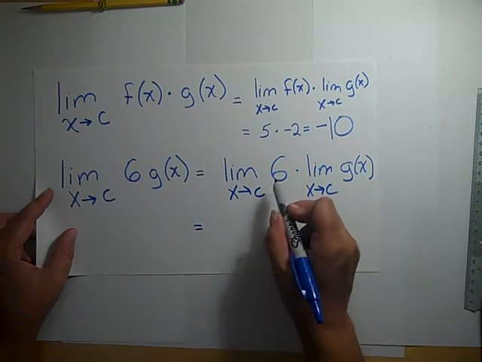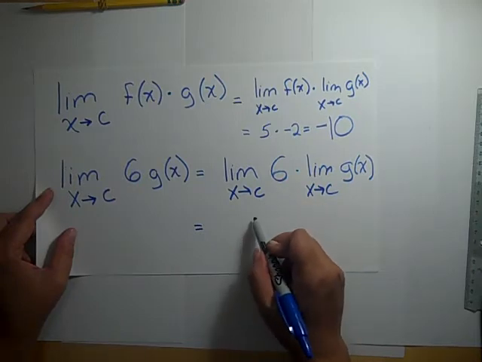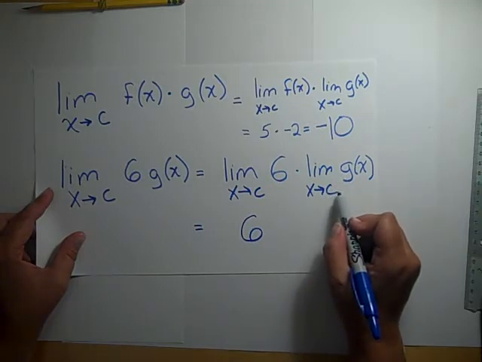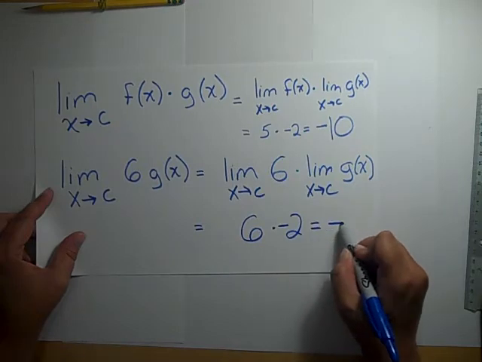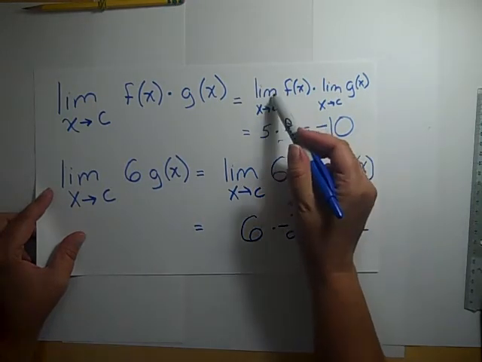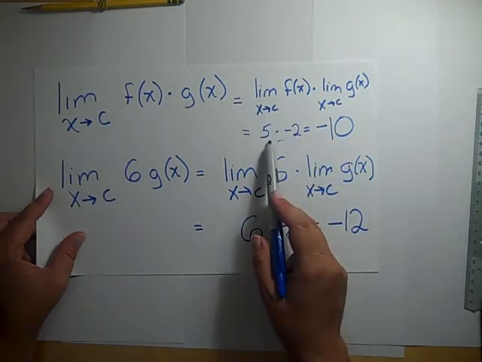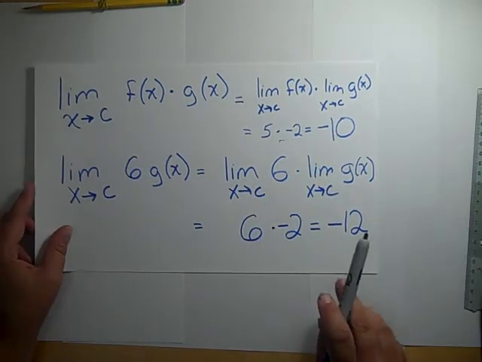And that gets us, the limit as x approaches c of 6 is 6, because the limit of a constant is always that constant. And this limit they gave us is -2, equals -12. Okay, and notice how I kept my limit notation until I no longer had variables. Once I got to all numbers, I could drop the limit and just write numbers.